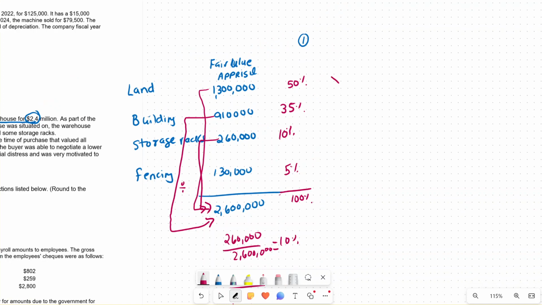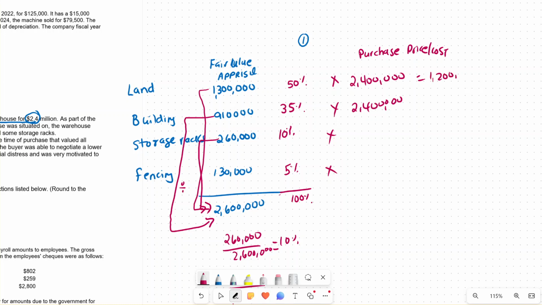And then what I have to do is multiply by the purchase price or the cost. Purchase price or cost, they are both the same thing. In this case, purchase price is 2.4 million, and I multiply each percentage by 2,400,000, and I'm going to get the cost that I should be allocating to each asset.